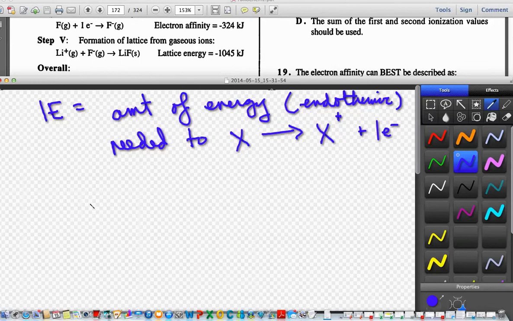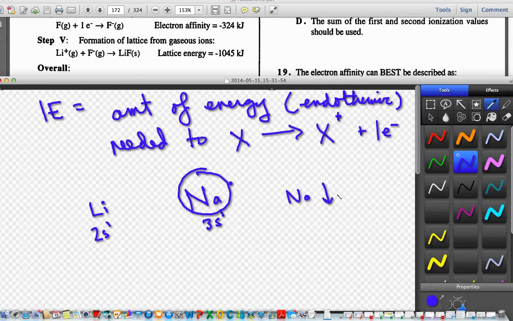Now, lithium versus sodium. Highest energy electron is a 2s1 versus a 3s1. Sodium is larger, which means its valence electron is farther from the nucleus, and so sodium has a smaller first ionization energy.